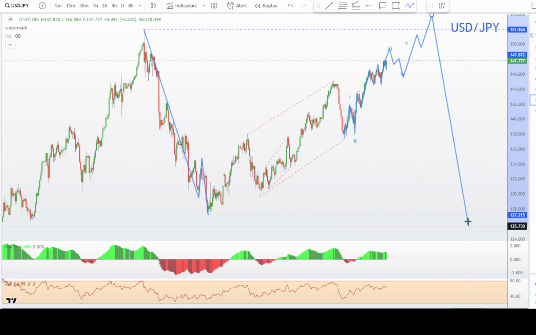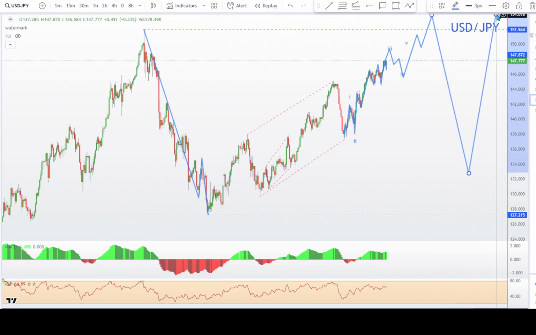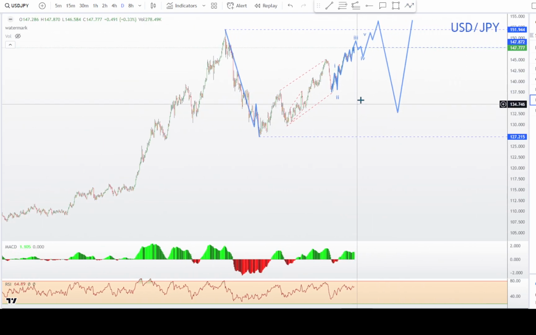If they want to make an expanding flat, then they'll come and break that low, but it doesn't have to break that low, and then they're still going to reverse it for more up. So this is going to get a little tricky in here.